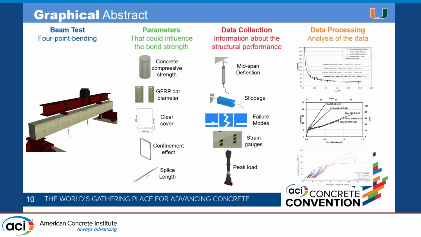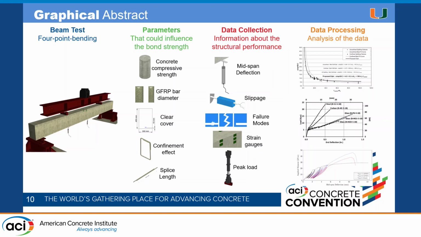For data collection, we measure the deflection, failure mode, and strain gauges, and we install some small potentiometers inside of the rebar to measure the slippage and know if the bar is moving, to classify that as a slippage failure.